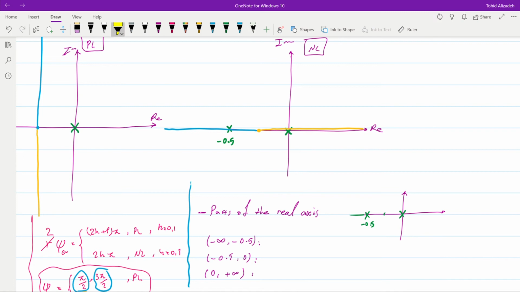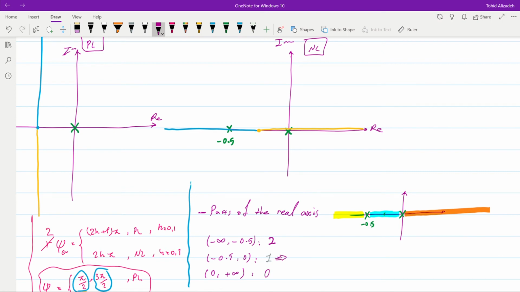And now if we count the number of the poles and zeros to the right side of this highlighted area, we see that there are two poles in it. If I check the number of poles and zeros to the right side of this highlighted area, we will get only one pole. And finally, if I count the number of the poles and zeros to the right side of the third highlighted area, we will get 0.